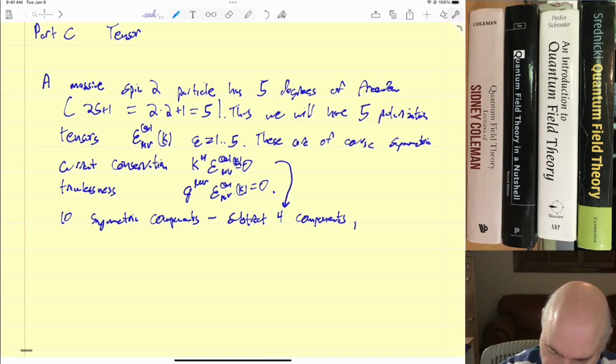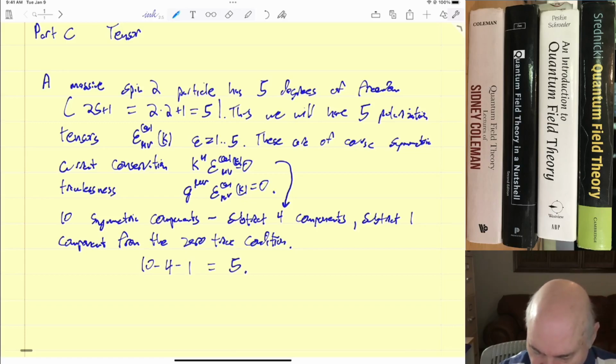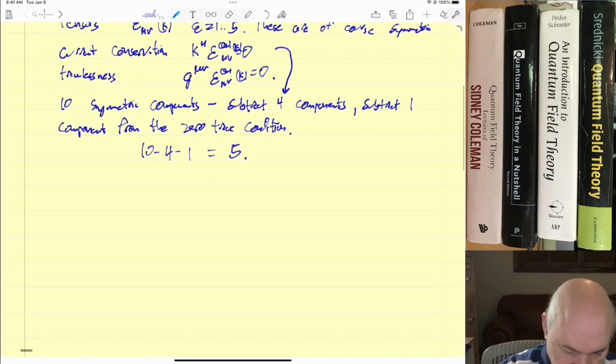And then we subtract one component from the zero trace condition. So we have 10 minus 4 minus 1 equals 5. It's the same as we had before, just reasoning from spin.